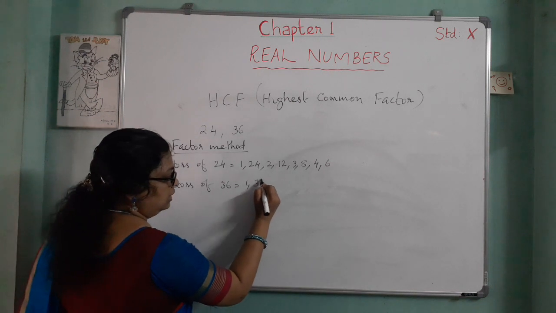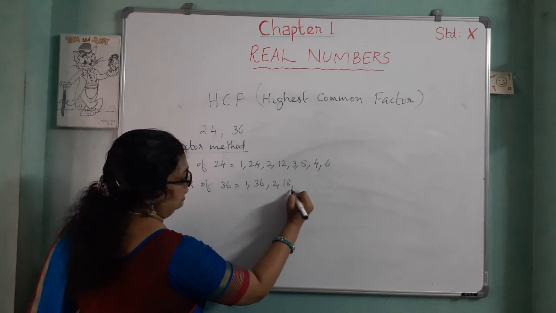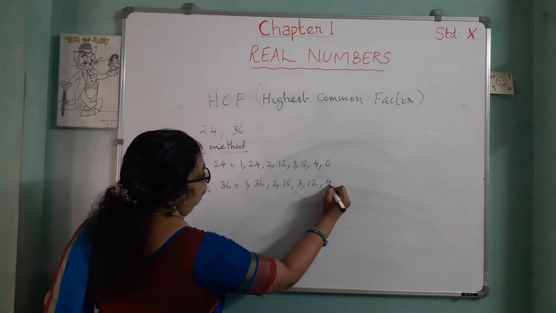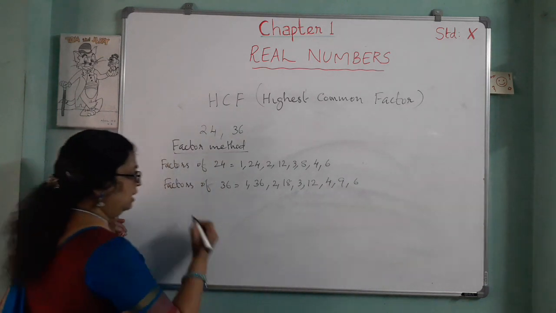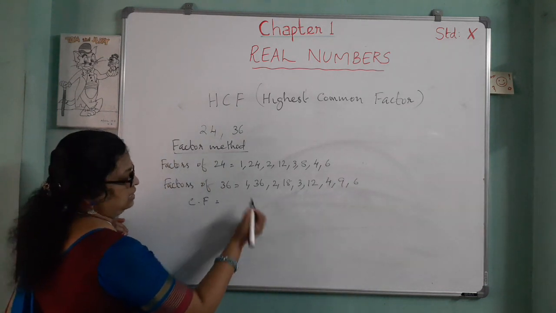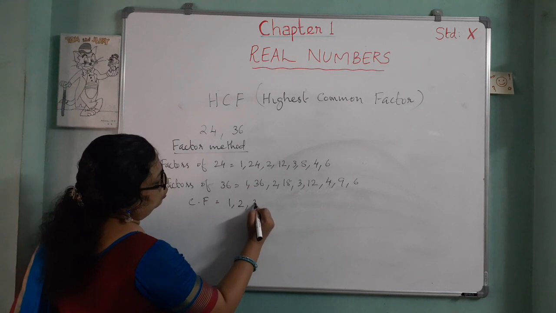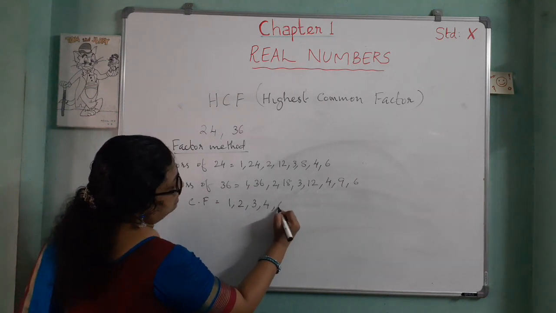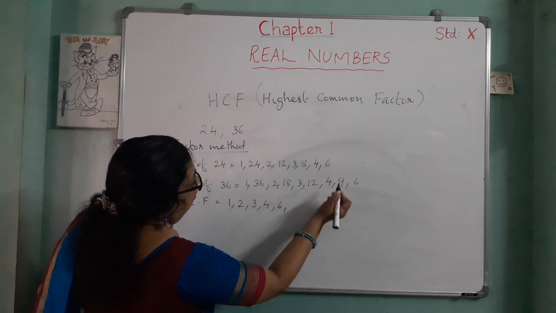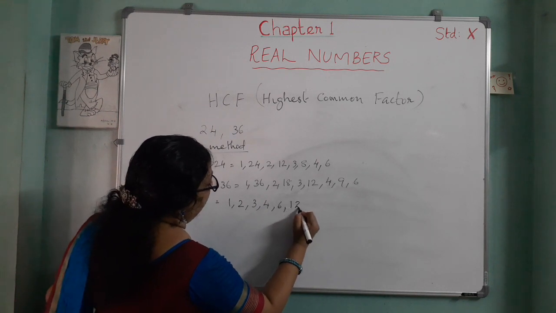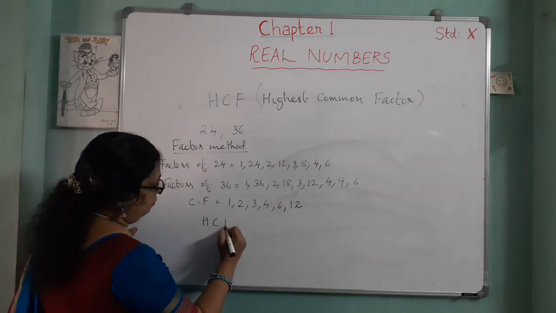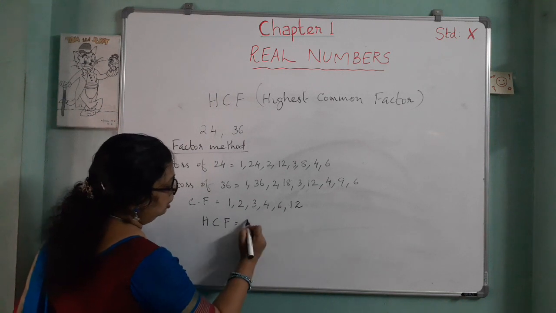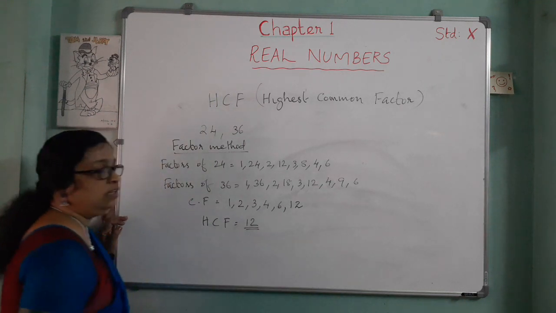There are also 1 and 36, then 2 and 18, 3 and 12, 4 and 9, and 6. Then we write the common factors, that is 1, 2, 3, 4, 6, then 12. Then the highest common factor, which among them is the highest? 12. So we get HCF is 12.